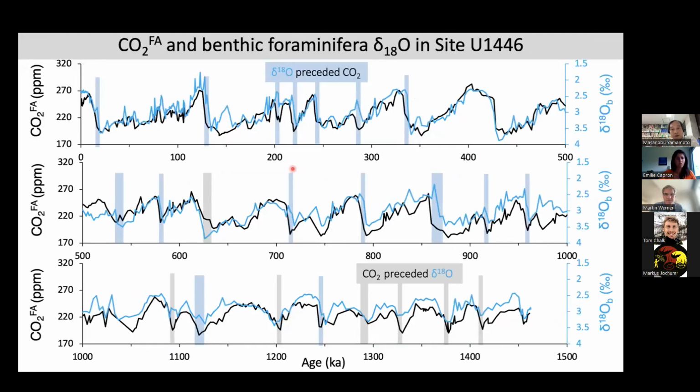So this is a record. Sorry, this is a record, CO2, the black one, and the blue one is the oxygen isotopes of the benthic foraminifera. So you can see after the MPT, the blue one, oxygen isotopes, ice volume, preceded the CO2, but before the MPT, CO2 preceded the ice.